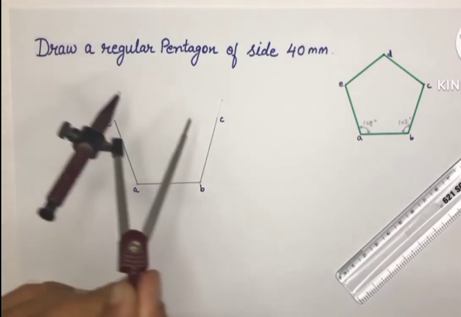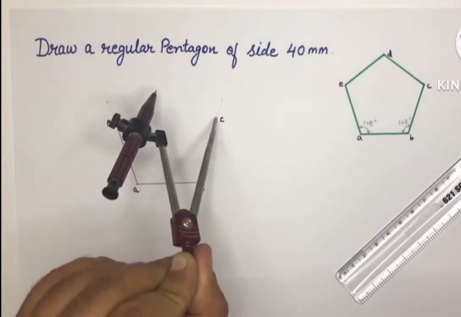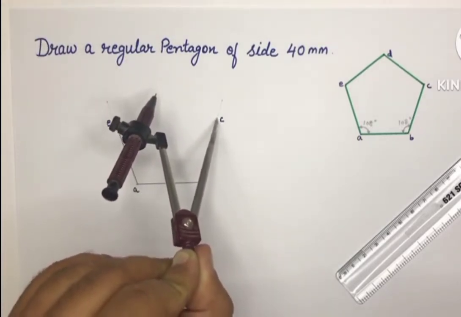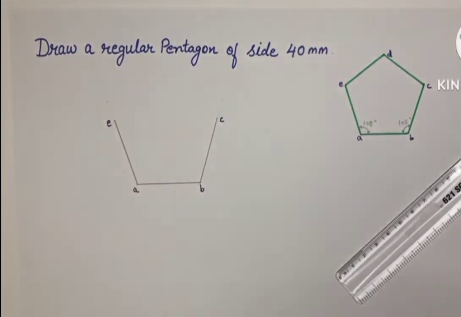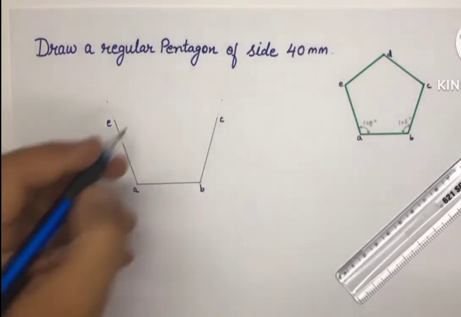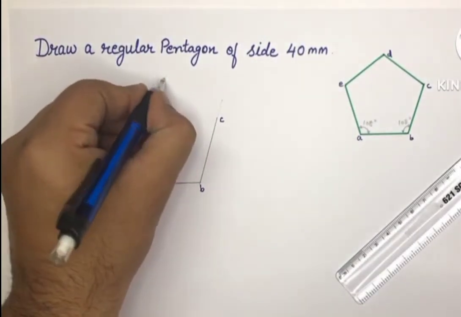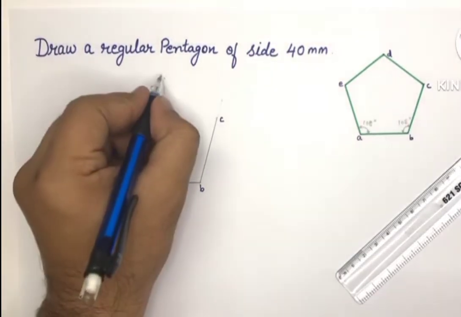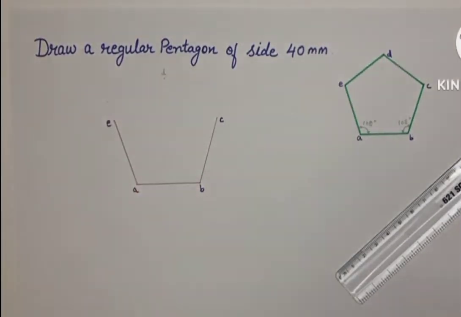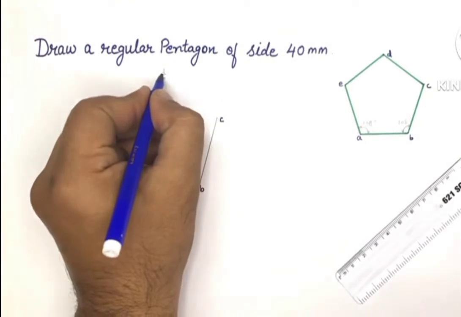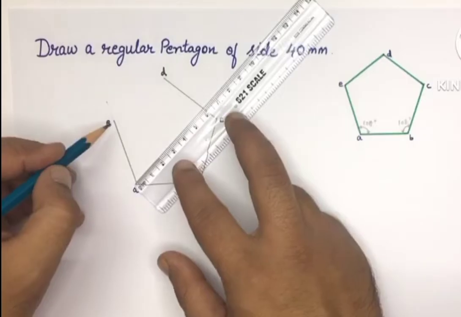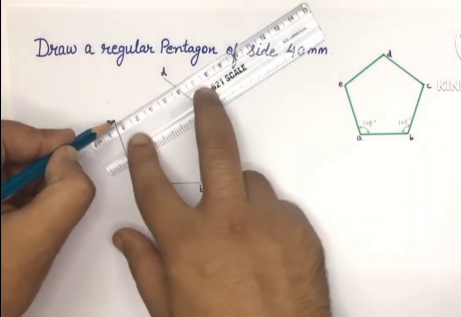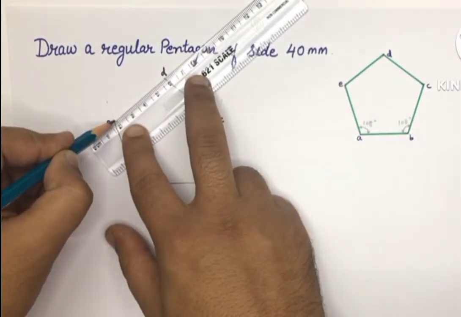Then place the compass needle on point C and cut another arc. We get point D. Connecting these points together, we get a regular pentagon.